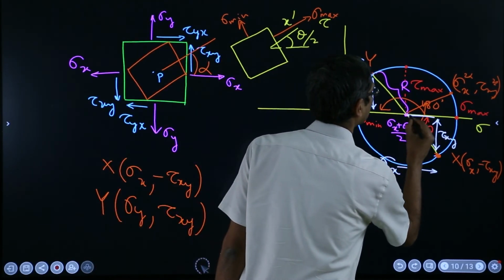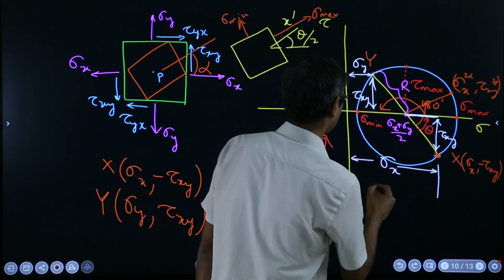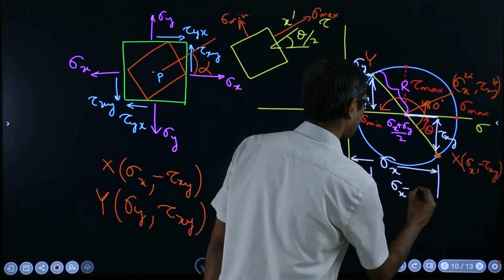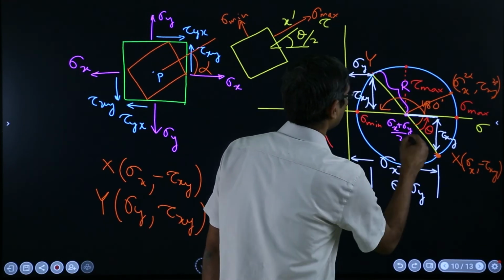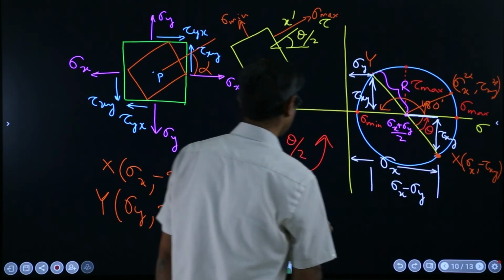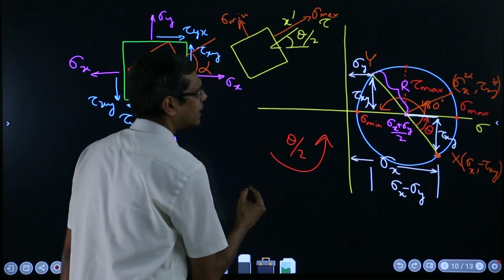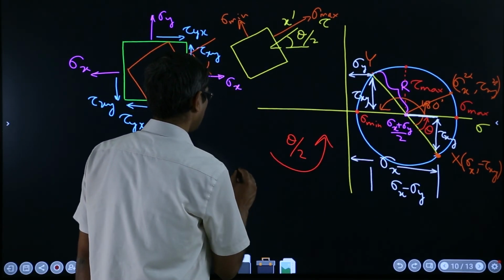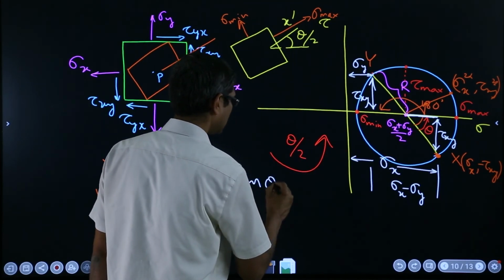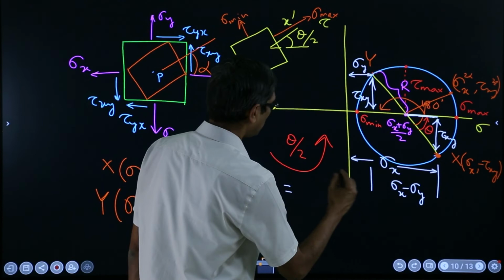So this length now is, how much is that? This minus this, so this is total sigma x minus sigma y, and this is half of that. So now tan of that 2 theta will be equal to what?